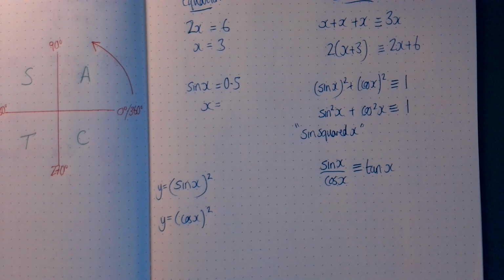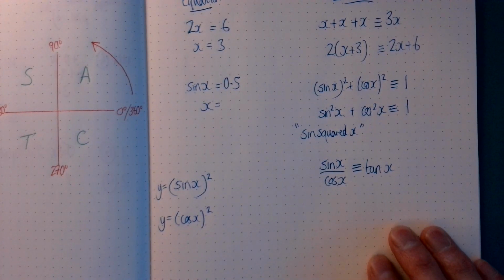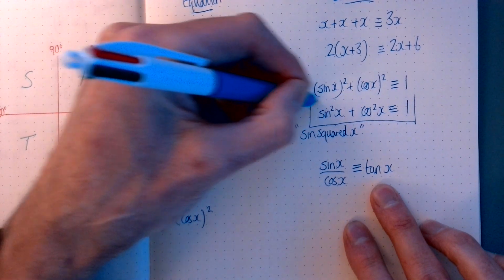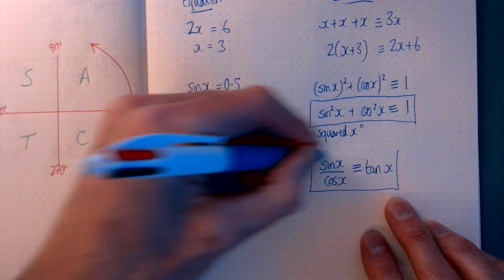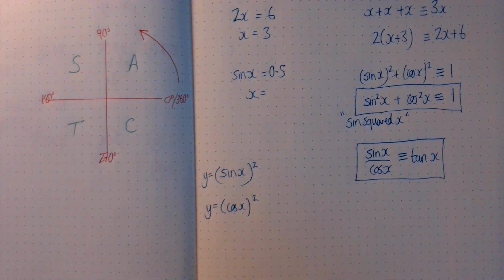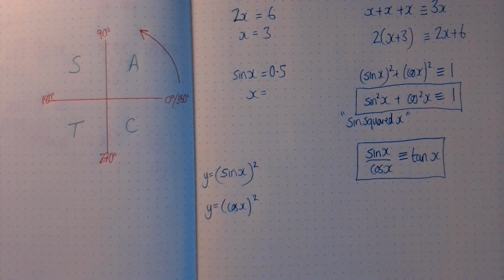You'll find you get tan x. So that's another relationship between sine and cos, which brings in tan as well. So we've got these two identities which we need to be able to recall. And in addition to that, we've got the cast rule. And so what we're now going to do is a question that uses both of those things together.